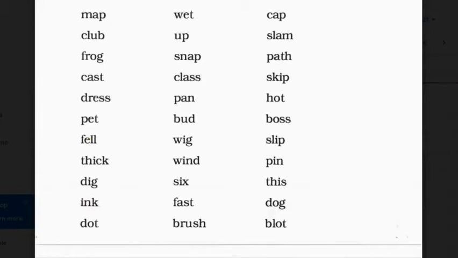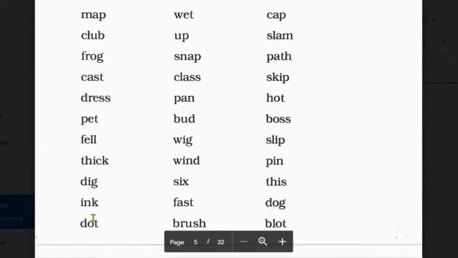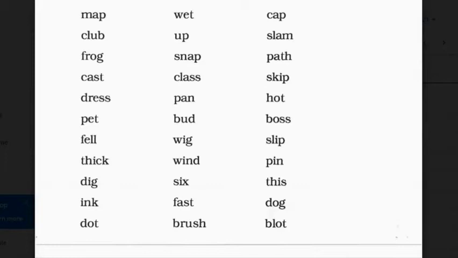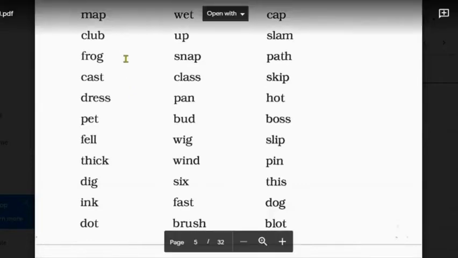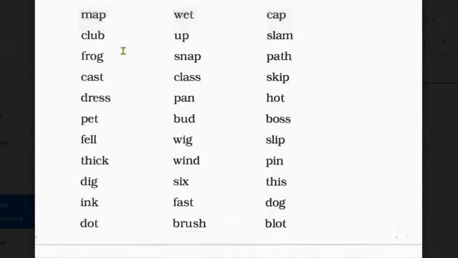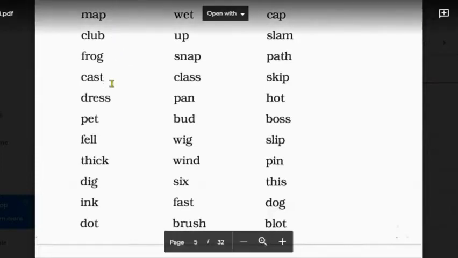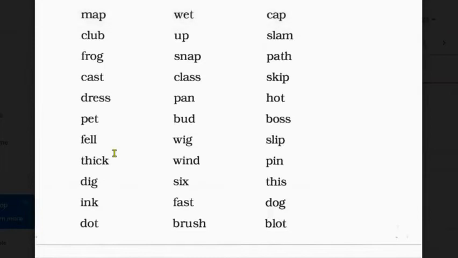And because these words all have just one vowel in them, they're all going to have a short vowel sound. Pet, fell, thick, dig, ink. And so what you might want to do is just focus on one of these rows and practice it again and again and again. And our goal is that you go this fast. Map, club, frog, cast, dress, pet, fell, thick, because you want to just be automatic at putting those letters in order.